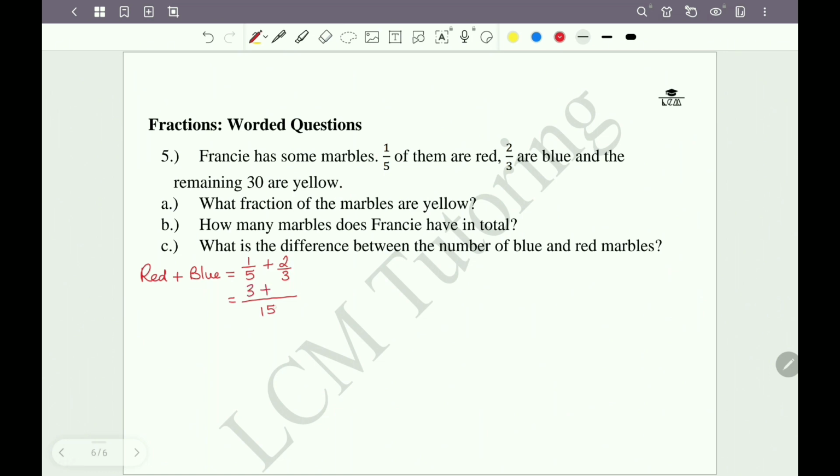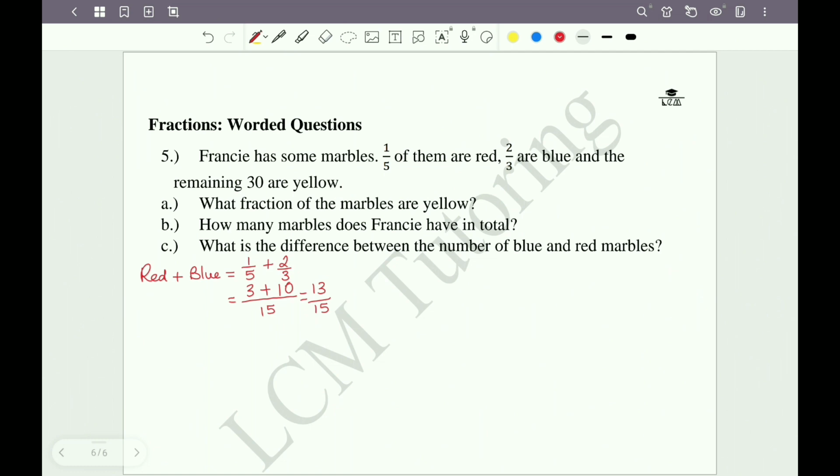And we can say 3 into 15 is 5. 5 times 2 is 10. Now we have equivalent fractions. We can add the numerators. 3 plus 10 is 13 over 15. So 13 over 15 represents the fraction of red marbles plus the fraction of blue marbles.